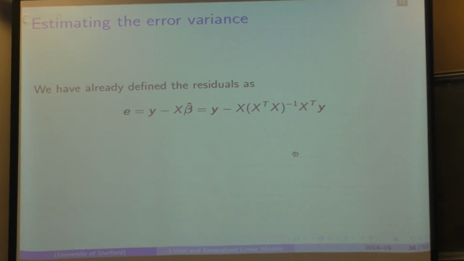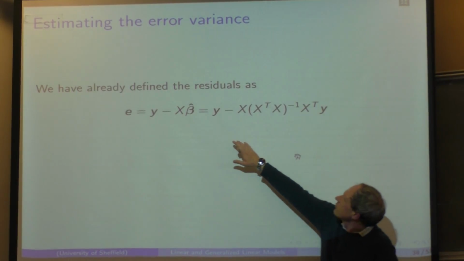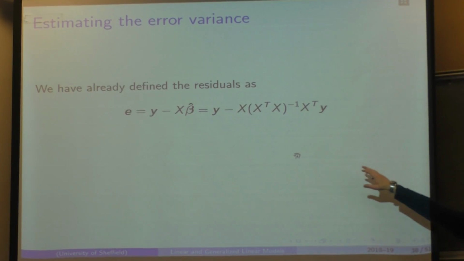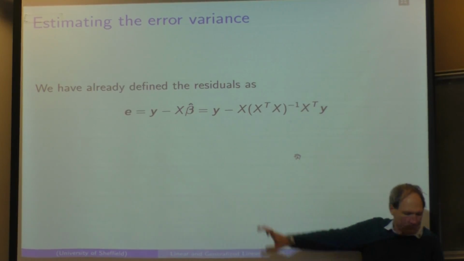So e is defined to be y, the vector of the observed values, minus X beta hat, the vector of the fitted values. Now we know that X beta hat is X times X transpose X to the minus 1 times X transpose times y. So we can rewrite that beta hat in the first form to get X X transpose X to the minus 1 X transpose y here.